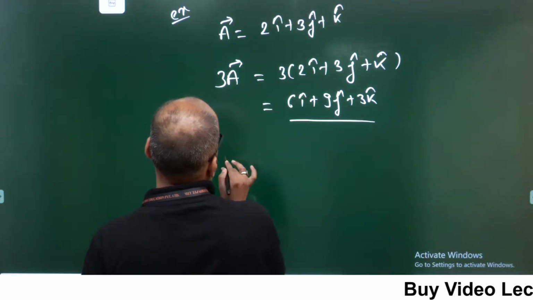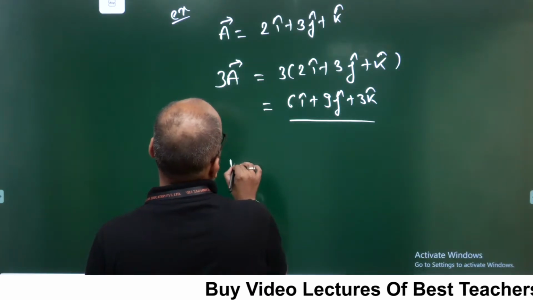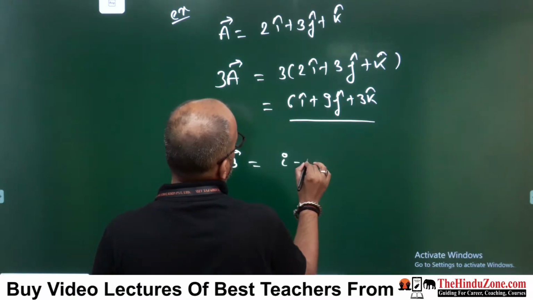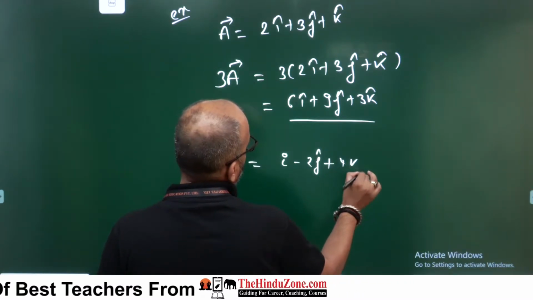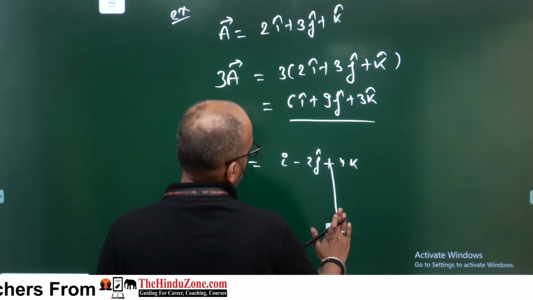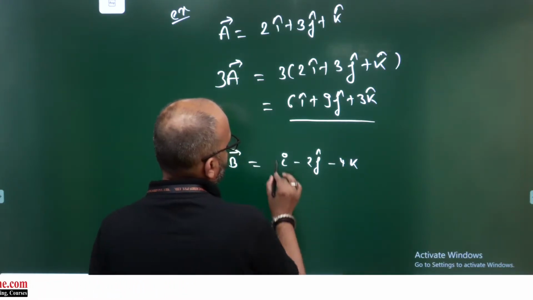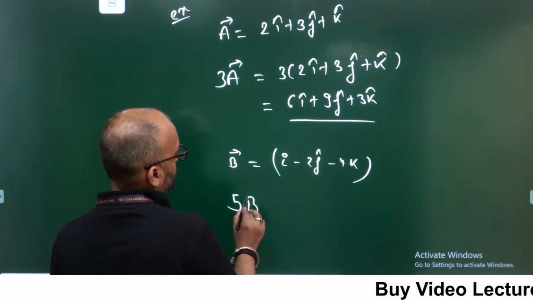Similarly, if you have got vector B, and it is i minus 2j minus 4k, and suppose you want to find 5B.